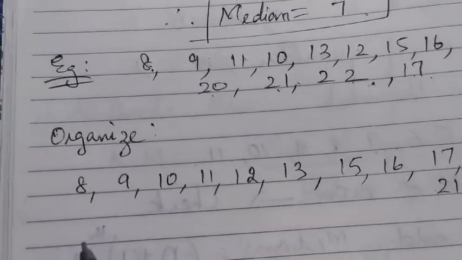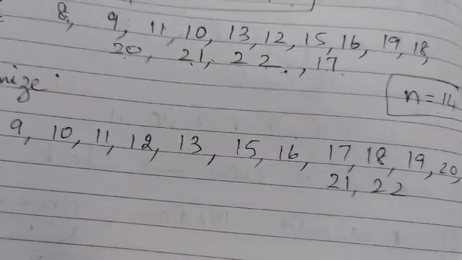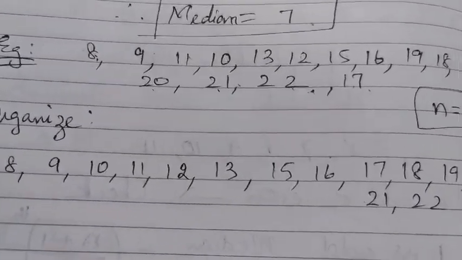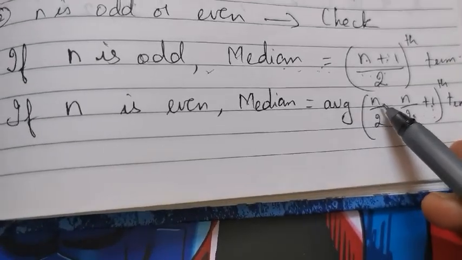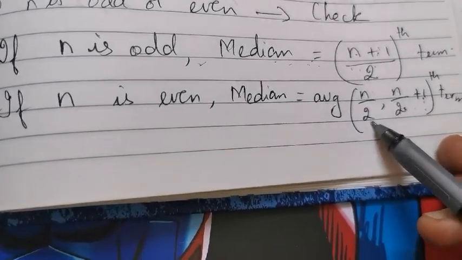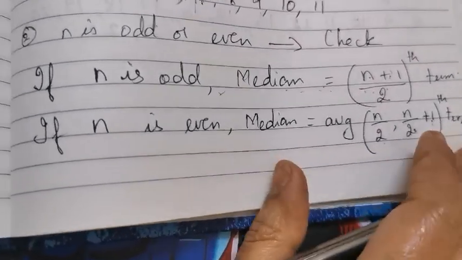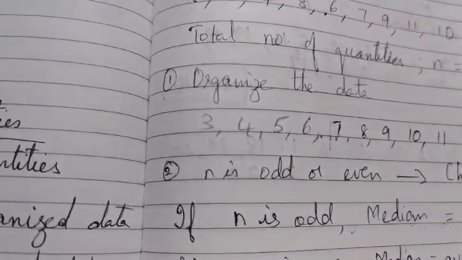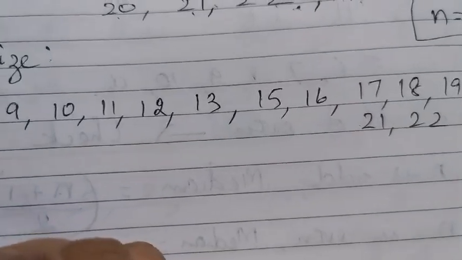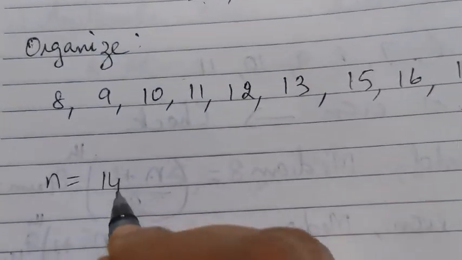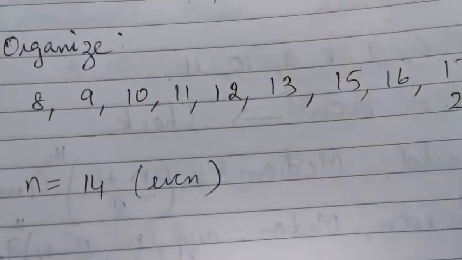Now we learned the formula for finding the median when n is even. When n is even, your median is the average of the n by 2, n by 2 plus 1th terms. In this case, our n is even. So n is 14, which is an even number.